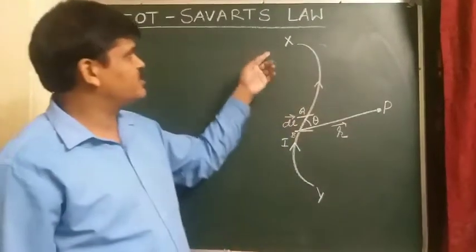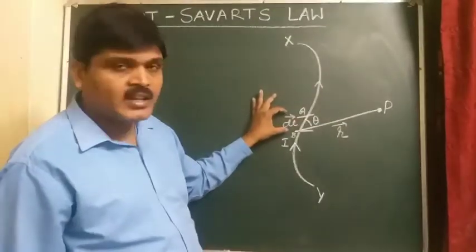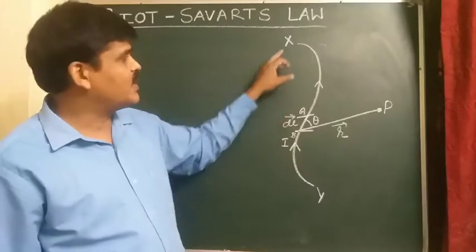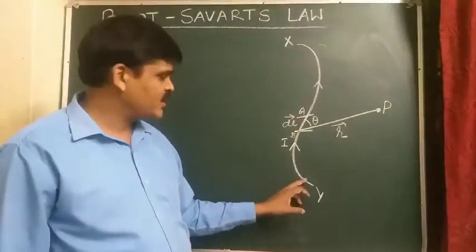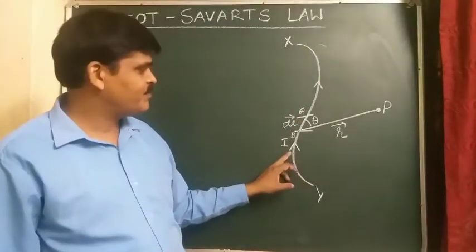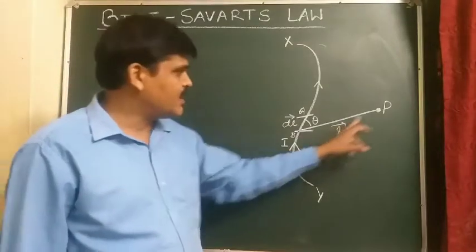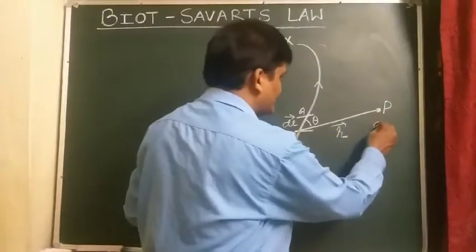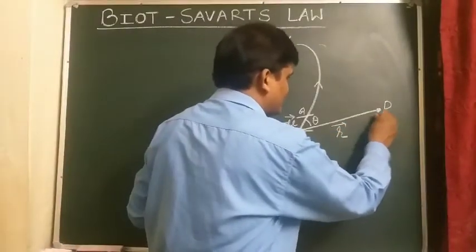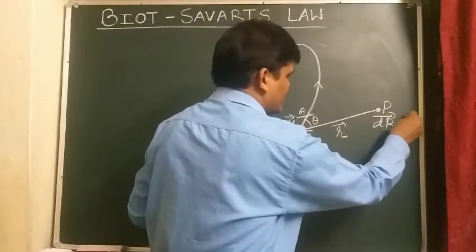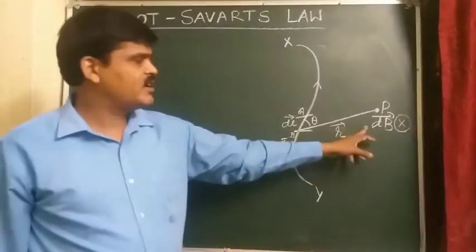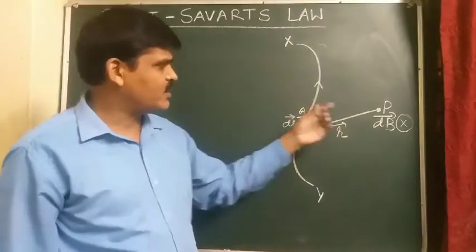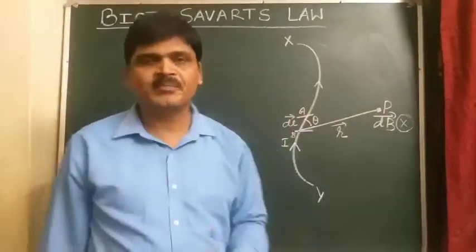So consider a current element dl vector of conductor XY carrying a current I. Let P be a point where the magnetic field due to the current element vector we have to determine.